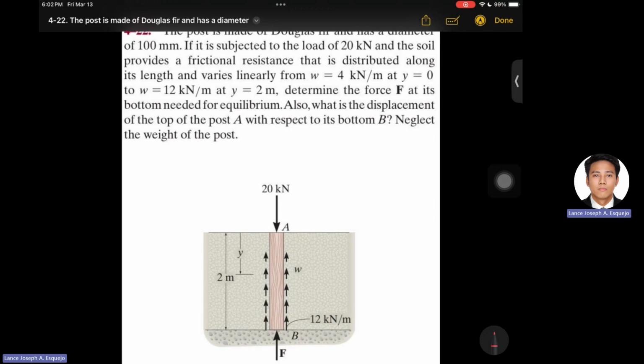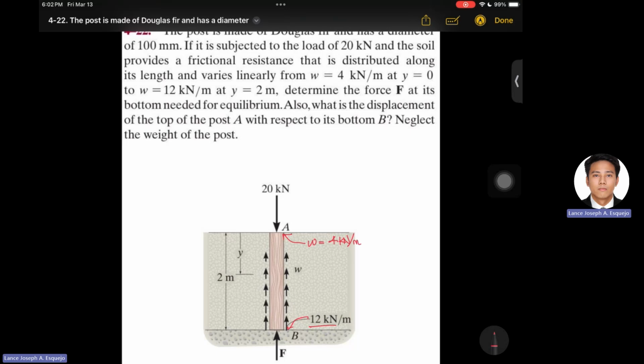So as stated in the problem, at this point, the value of W is 4 kilonewton per meter. And at this point, that's 12 kilonewton per meter.